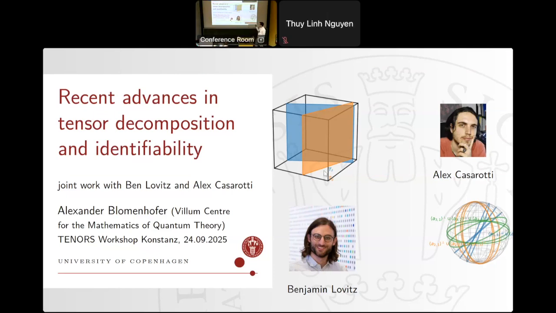So what will we discuss today? Today we will discuss some things that were happening in and around the areas of tensor decompositions. In particular, I want to talk about joint work, two different projects that I had, one with Alex Casarotti, and the main focus of this talk is on a recent paper with Ben Lovitz on the algorithmic aspects of certain tensor decomposition models.